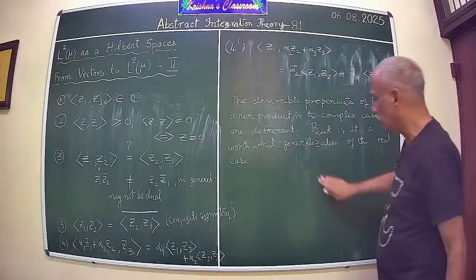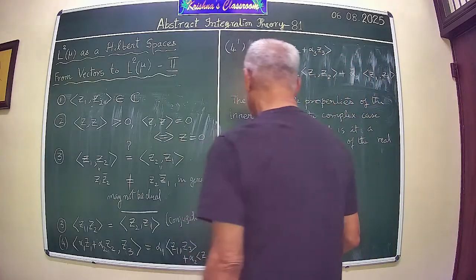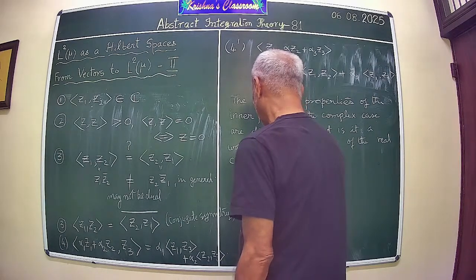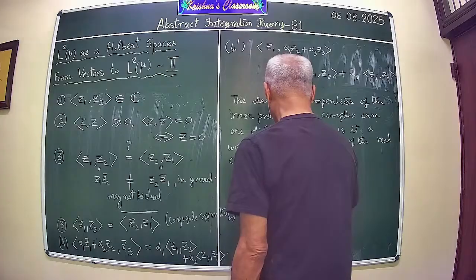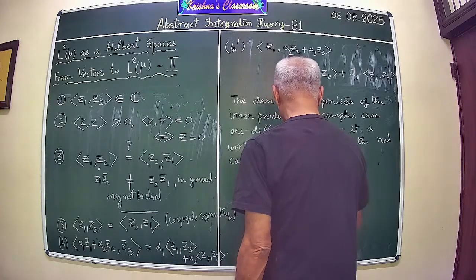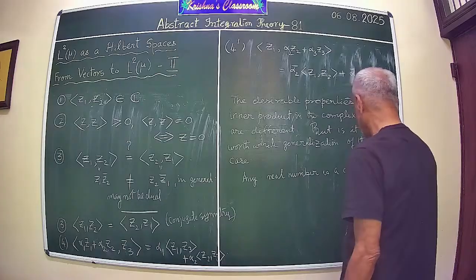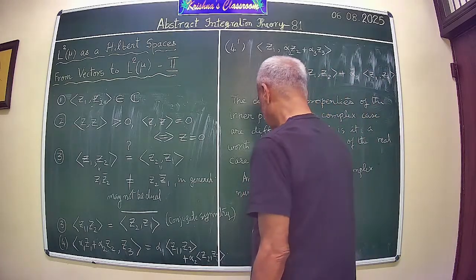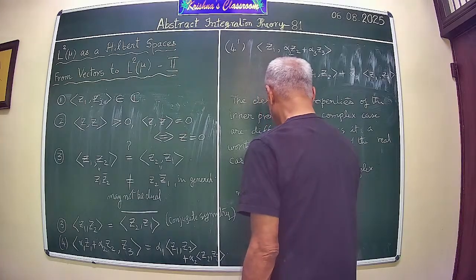Okay, let us explore this. See that any real number is a complex number with imaginary part zero.